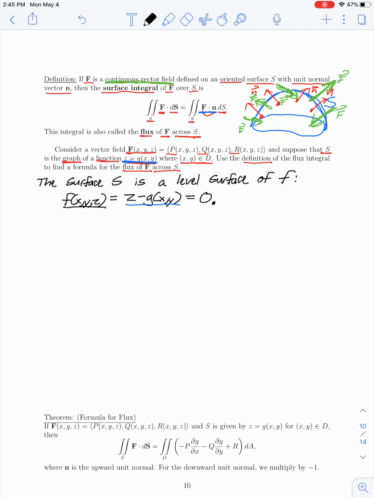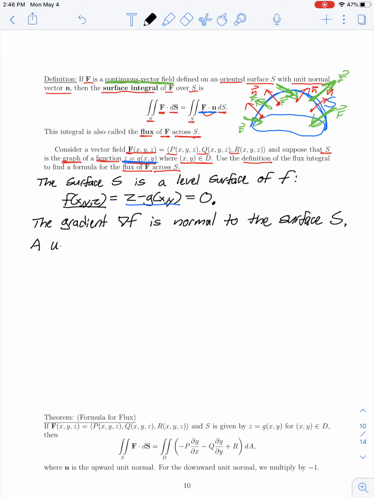So here, let's say the gradient vector, that is grad f, is normal to the surface S. So if we want a unit normal vector, recall in our definition of the flux integral, n is a unit normal, then we can take our gradient vector of f and divide through by its magnitude.